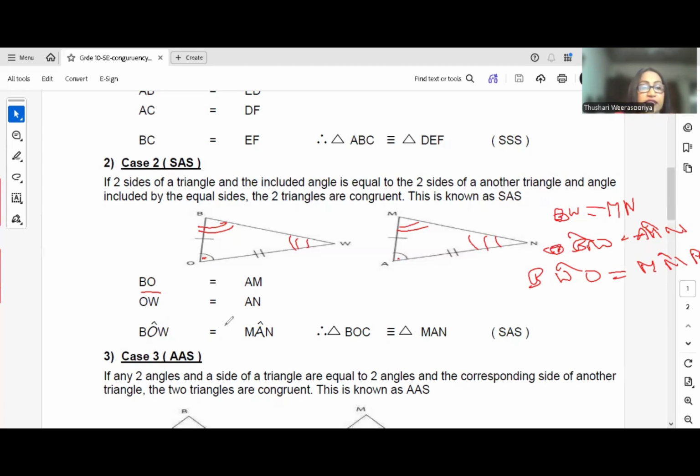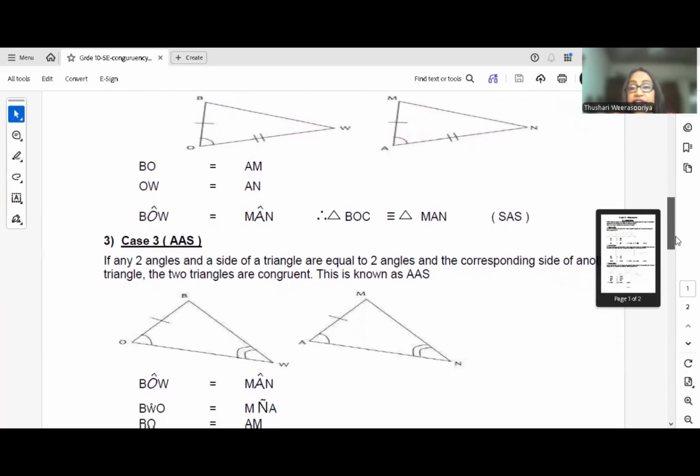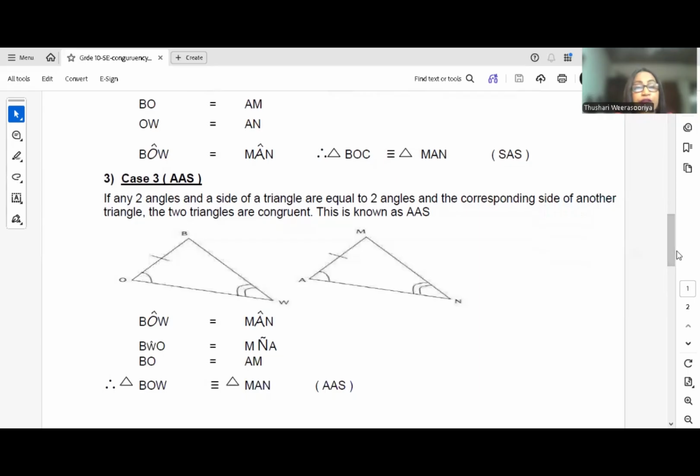We go to the next case, that is AAS, angles and side. In any two triangles, if two angles and the corresponding side are equal, that is very, very important. You can take any two angles and a side.